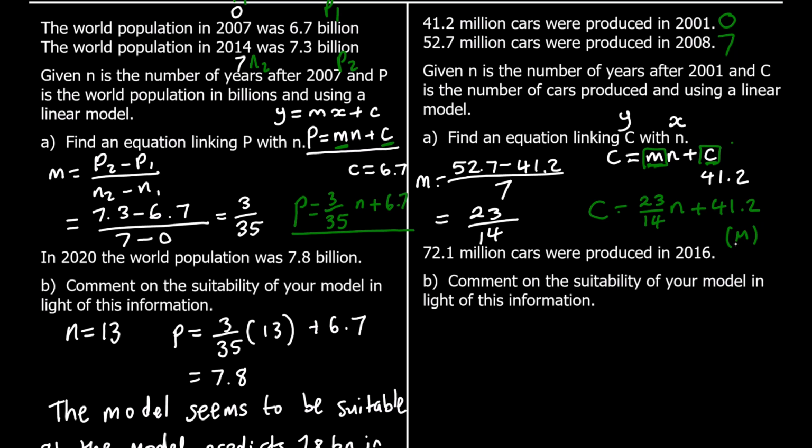72.1 million cars were produced in 2016. Comment on the suitability of your model in light of this information. So 2016 will be N is 15 years after 2001. So let's substitute it in. 23 over 14 times 15 plus 41.2.